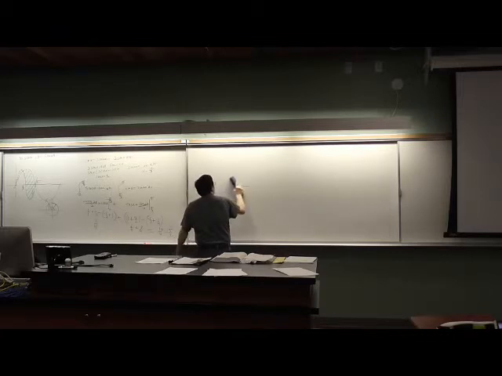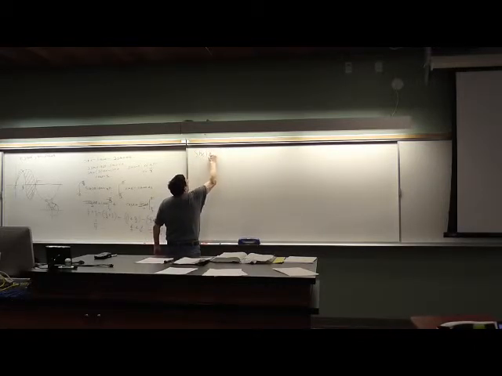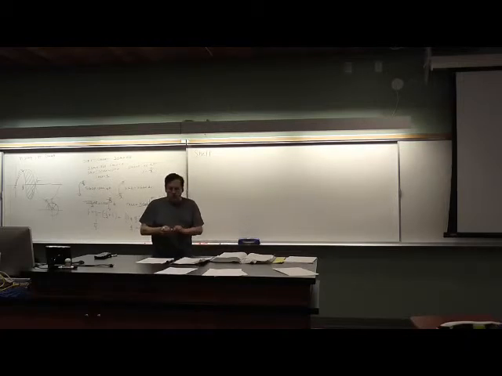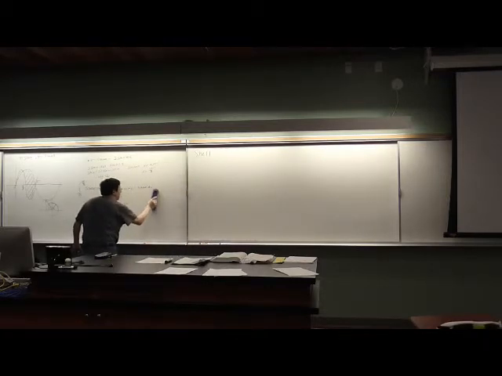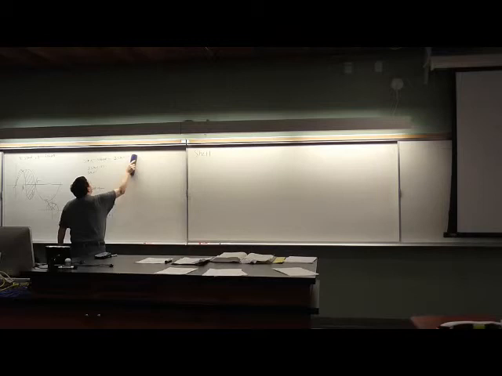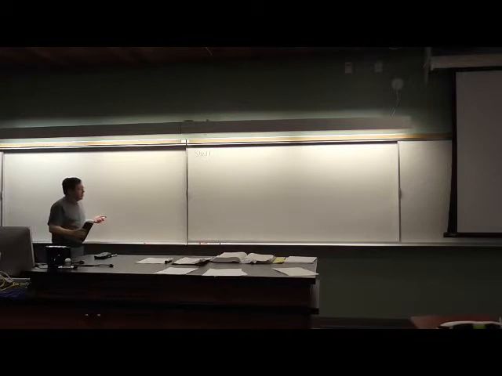There are problems where you use the shell method. That's the method we're going to learn. You could also have used the slice method, but sometimes one is easier. Sometimes one is tremendously easier. I'm not going to emphasize this particular method very much because it comes up less often.